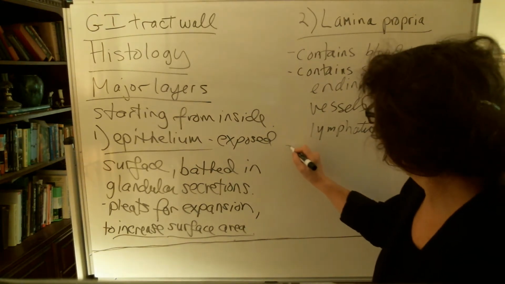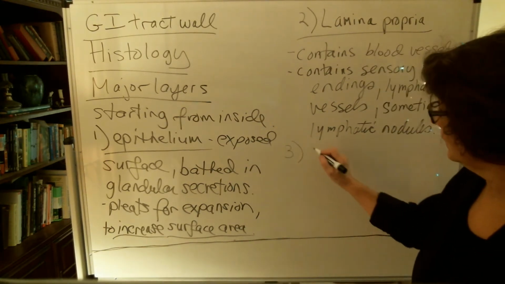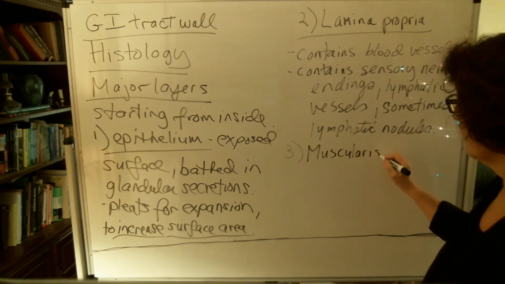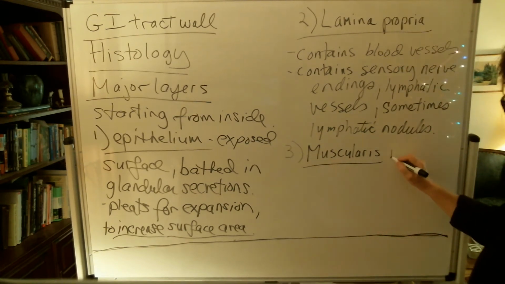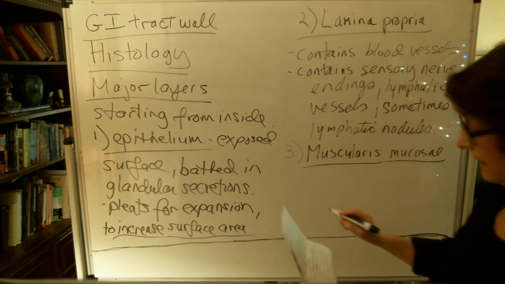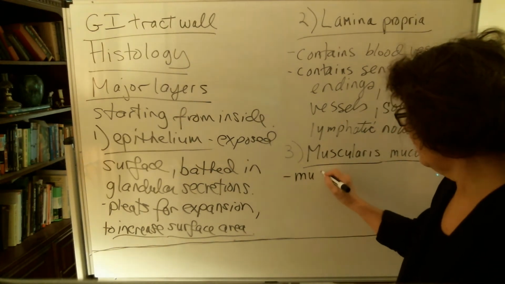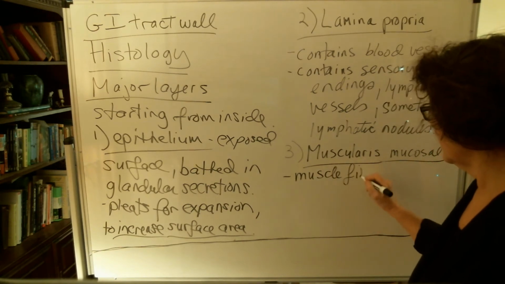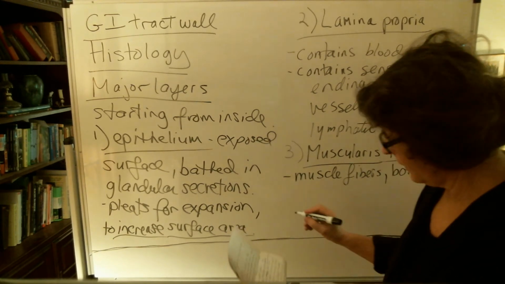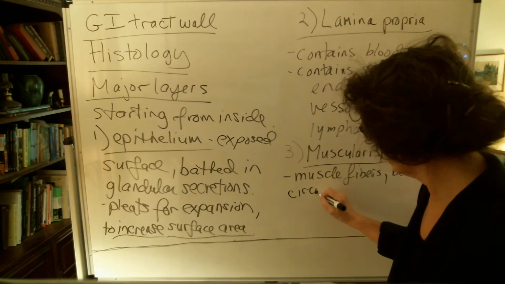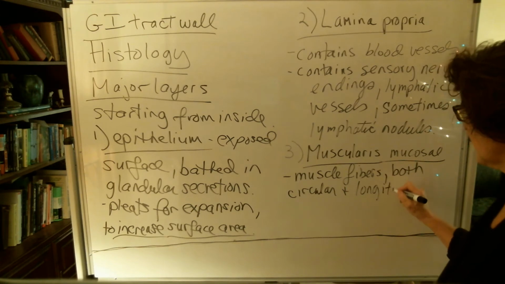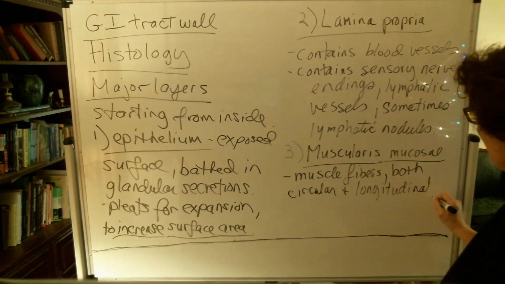Next, we have a thin layer of muscle called the muscularis mucosae. And this then is made up of muscle fibers, both circular and longitudinal.